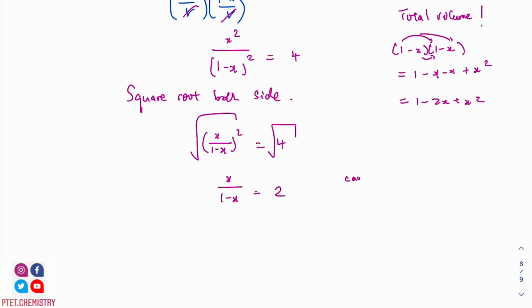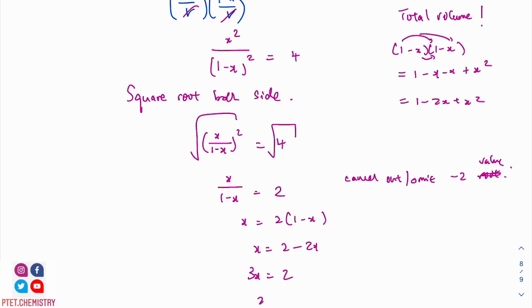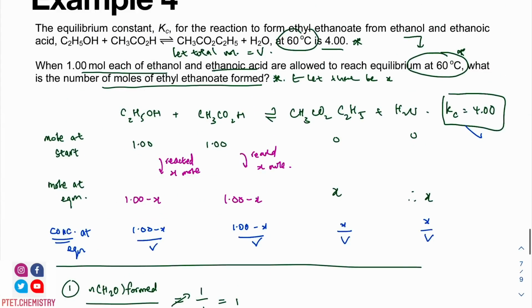You omit negative 2 value, because x cannot be negative 2, yeah? As in, it wouldn't be negative. So what it actually gives you is 2 minus 2x. So 3x equal to 2, x equal to 2 over 3. Does that make sense? X equal to 2 over 3?